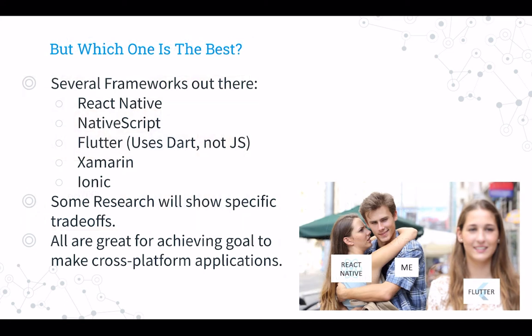There are different people who will prefer different frameworks. React Native is the most popular one out there right now. It's also one of the more well-supported ones. It has really good community backing behind it. And it is also very performant. So it does well in terms of what its job is, which is to run non-native code as if it was native.